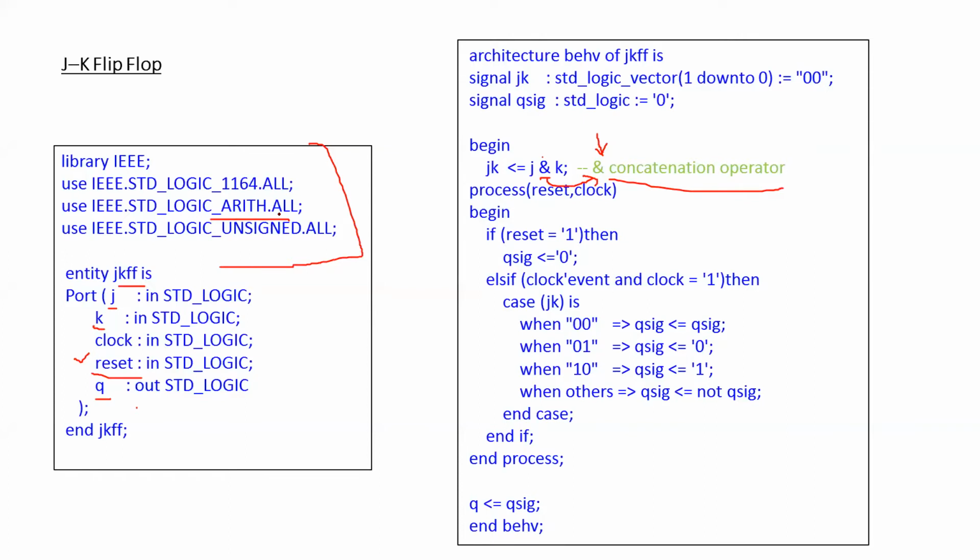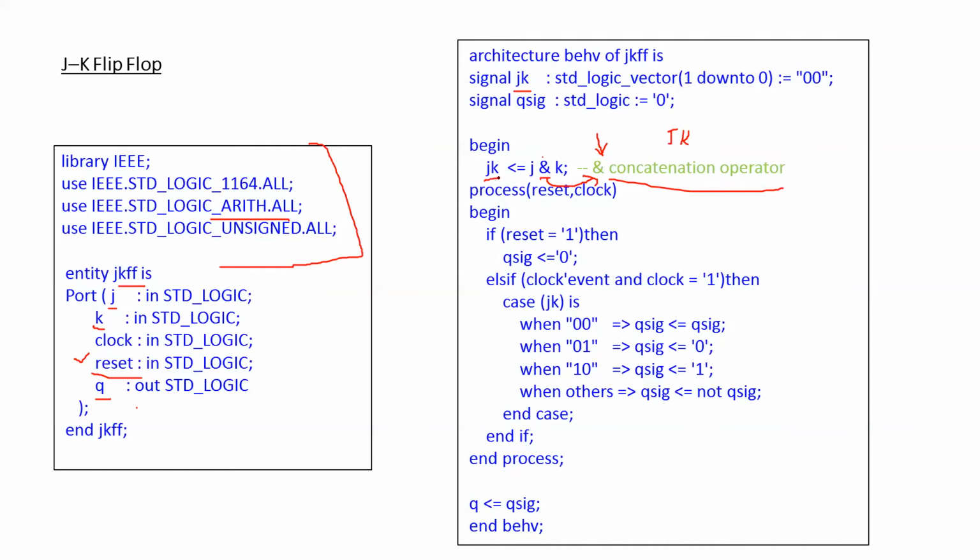Whatever different sets of operators we have are in this library. So we have JK is equal to J and K. So here we have defined the value JK, and I am simply assigning the value of J and K to this particular JK.